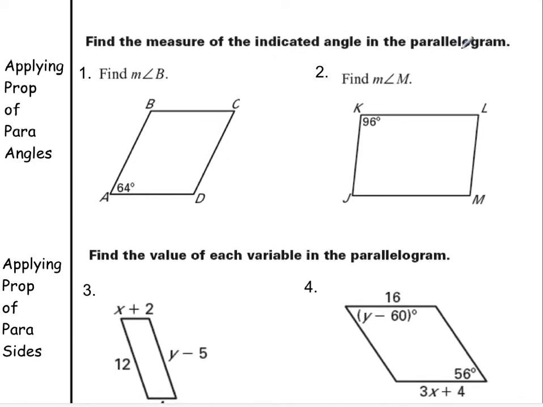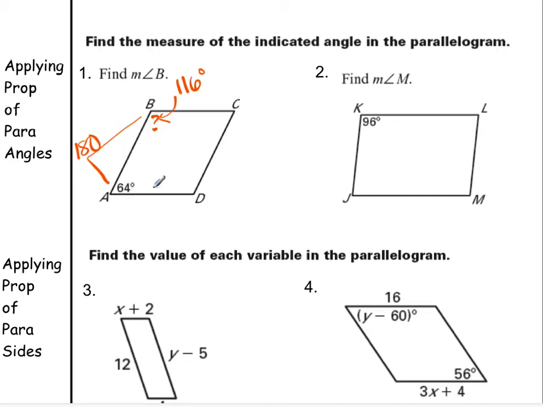Find the measure of the indicated angle in the parallelogram. So we're finding B. So this is the one we want. We have this, that A is 64. These are consecutive angles, and they will add to 180. So if I take 180 and subtract 64, that would give me 116 degrees for this one.